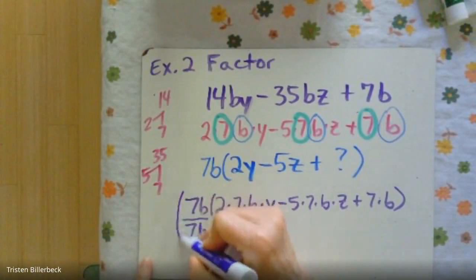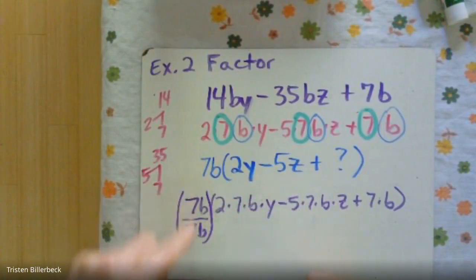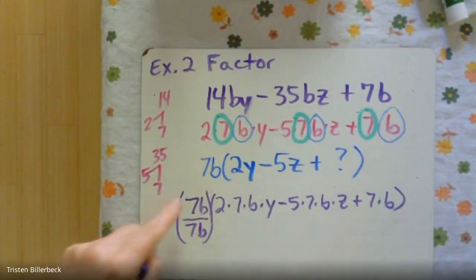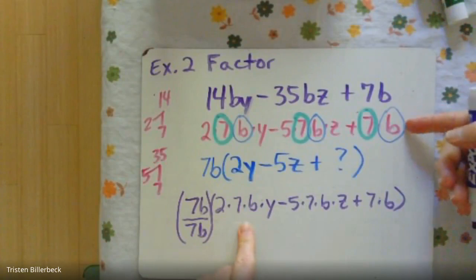Because really, what is 7B over 7B? That just equals 1. So we haven't really added anything if we write 7B times this original expression right here.